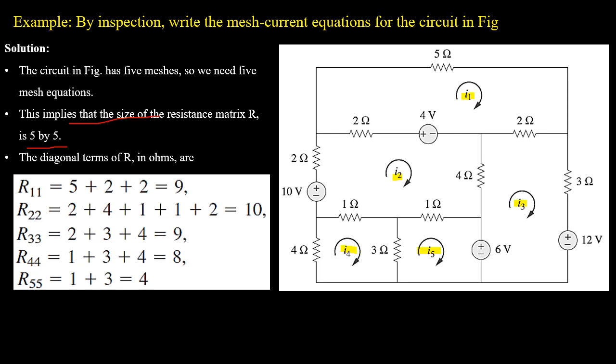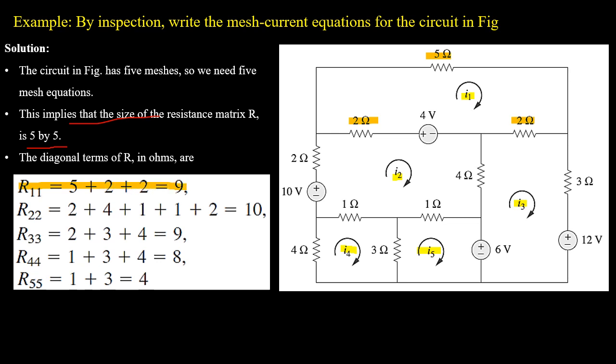For R11 we will analyze mesh 1 and sum up all the resistances connected directly to it. So in mesh 1 we have a 2 ohm resistor, again a 2 ohm resistor and a 5 ohm resistor. So R11 will be equal to 9 ohms.